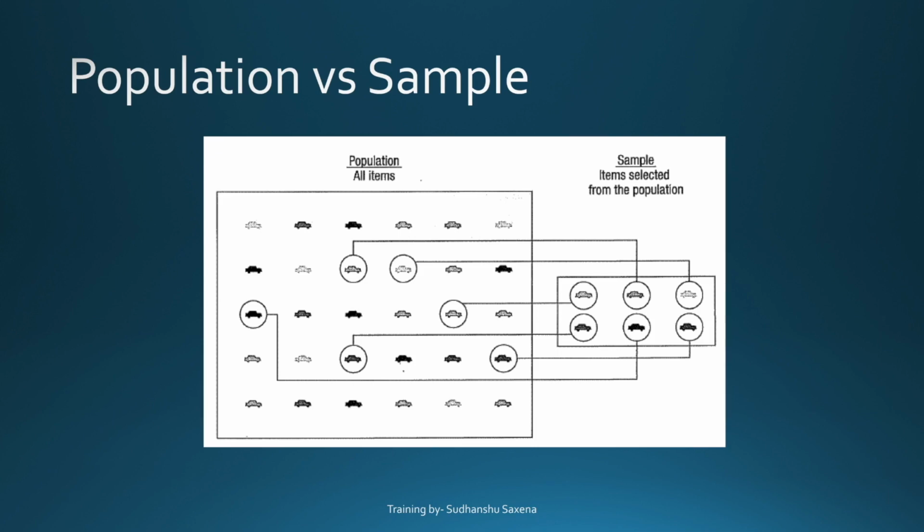So say 33% of the 50,000 cars are diesel cars. I can safely say that near about 33% of cars in India are also diesel cars. So somehow or other I can use this population and sample analysis to talk about my whole data.